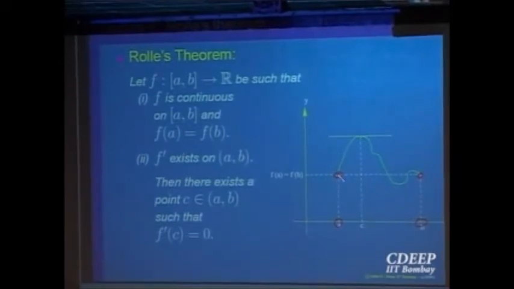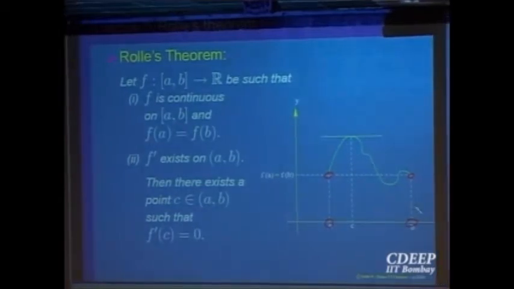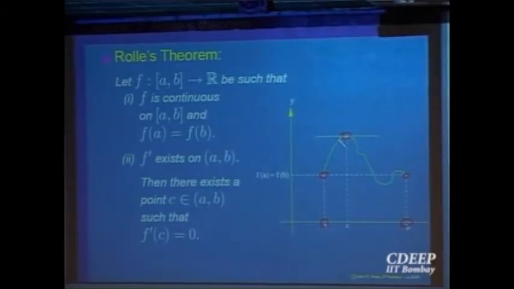Whichever way, if you start going up, then somewhere you have to turn back to come to the point. So the turning point will be a point of local maximum. Or if you are going down and then turning up, there will be a point of local minimum.